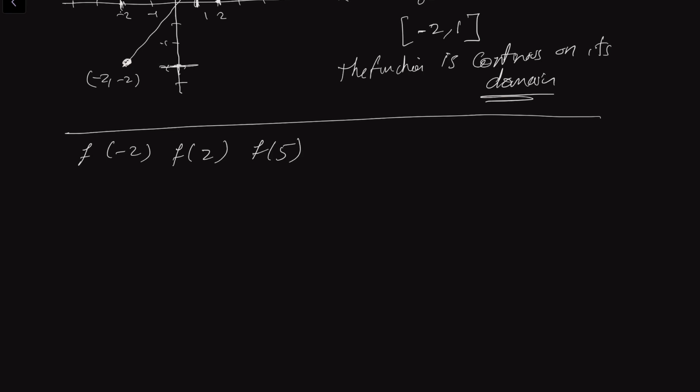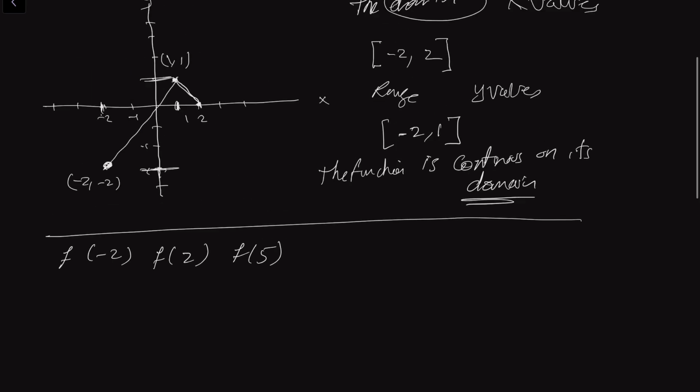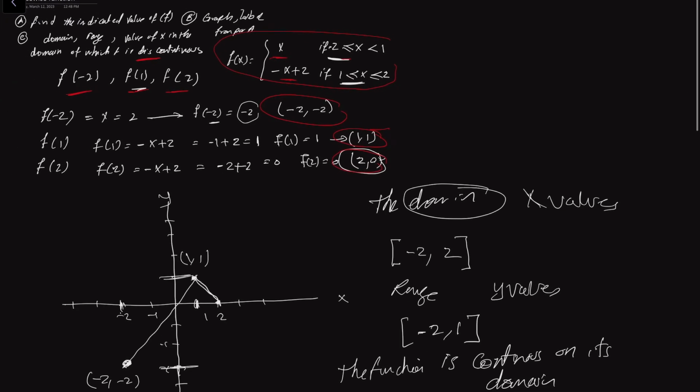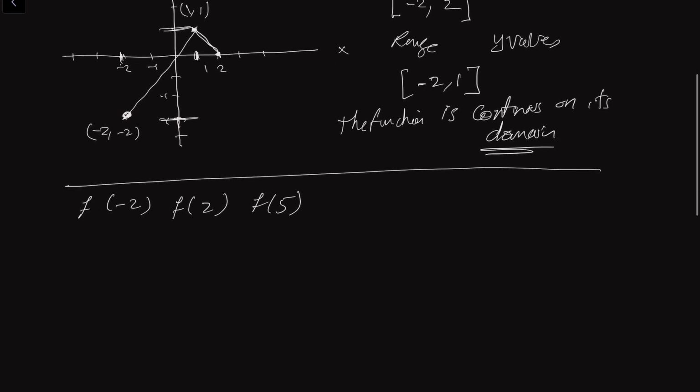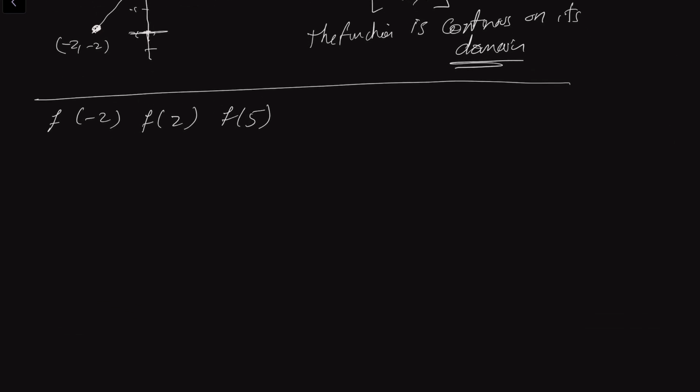Now those are the three indicated values he wants us to find. And what is the actual function? So we're going to follow exactly the same thing here: find the indicated values, graph, and then find the domain, the range, and where the function is discontinuous.